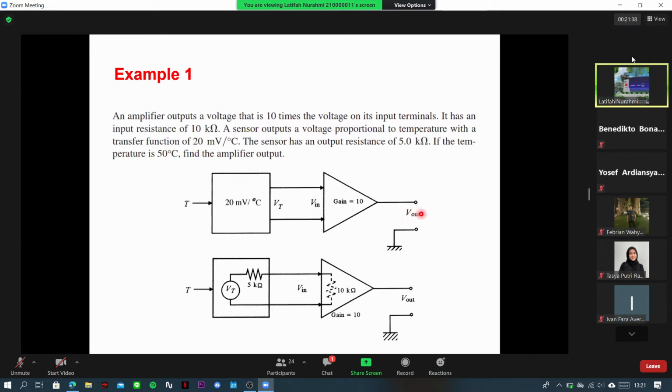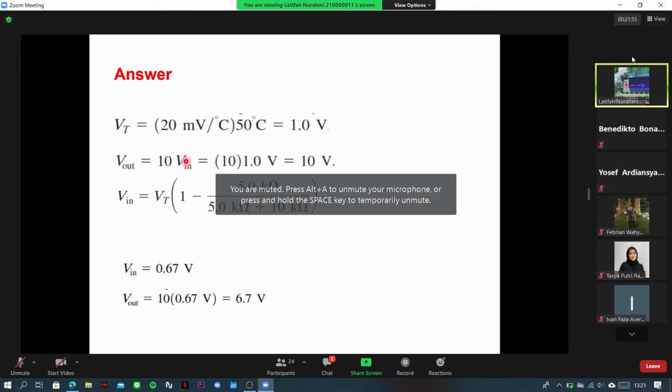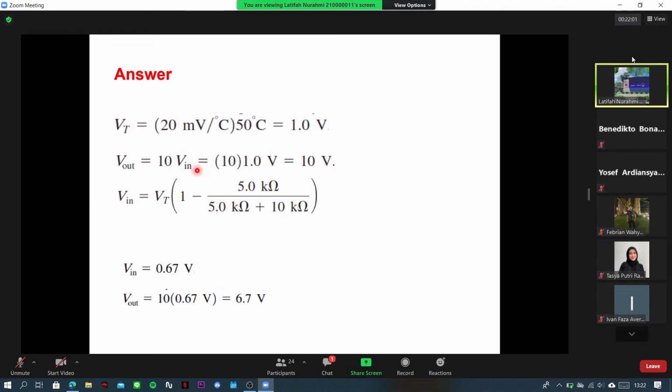So you have 3 voltages that you should remember. And Vout, we know, should be 10 times higher than Vin. So we need to find Vin, the voltage coming to the amplifier.